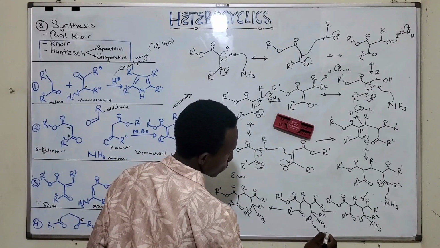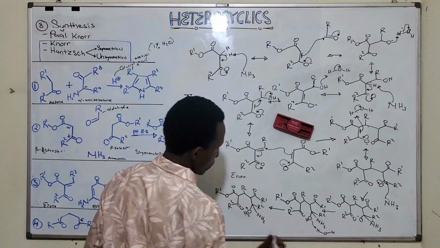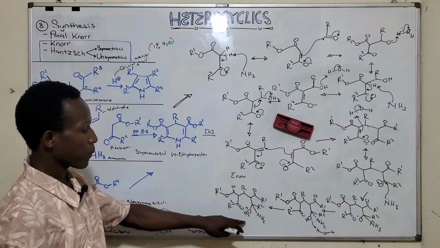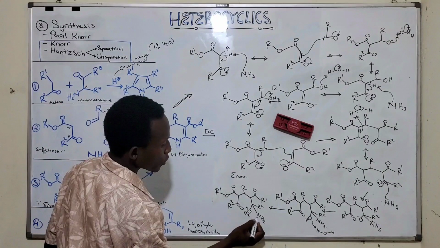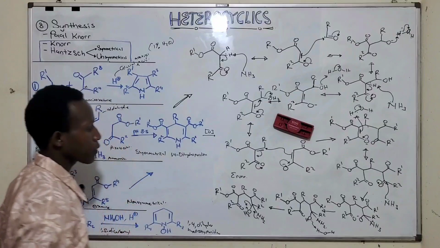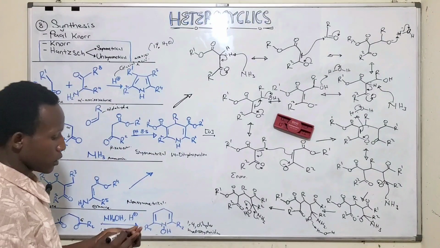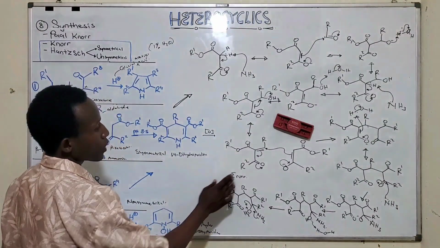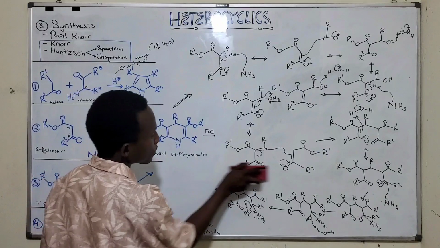So this one can be gotten from water. So this is what we have. As nitrogen forms a bond, this one breaks off. Space isn't enough, so let's rub here.